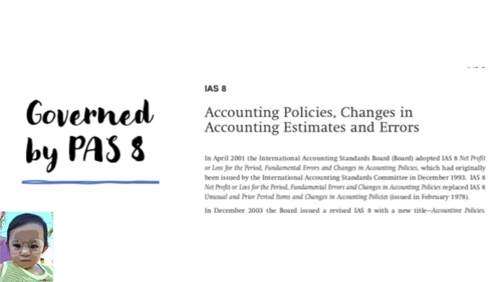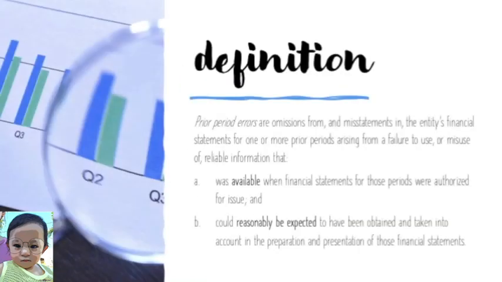According to PAS 8, a prior period error refers to omissions from and misstatement in the financial statements for one or more period arising from a failure to use or misuse, thus, it covers both the mistake and intentional fraud, reliable information that was available when the financial statements for those periods were authorized for issue and could reasonably be expected to have been obtained and taken into account in the preparation and presentation of those financial statements.